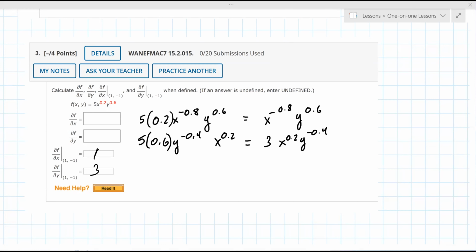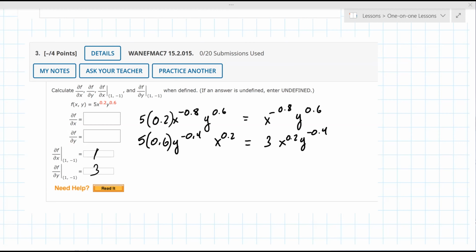All right, x equals 1, y equals -1, and then we have x to the minus 0.8 power times y to the 0.6 power. And I wonder if this is going to tell me that it's undefined. That one's undefined. And then the other one is probably also undefined.